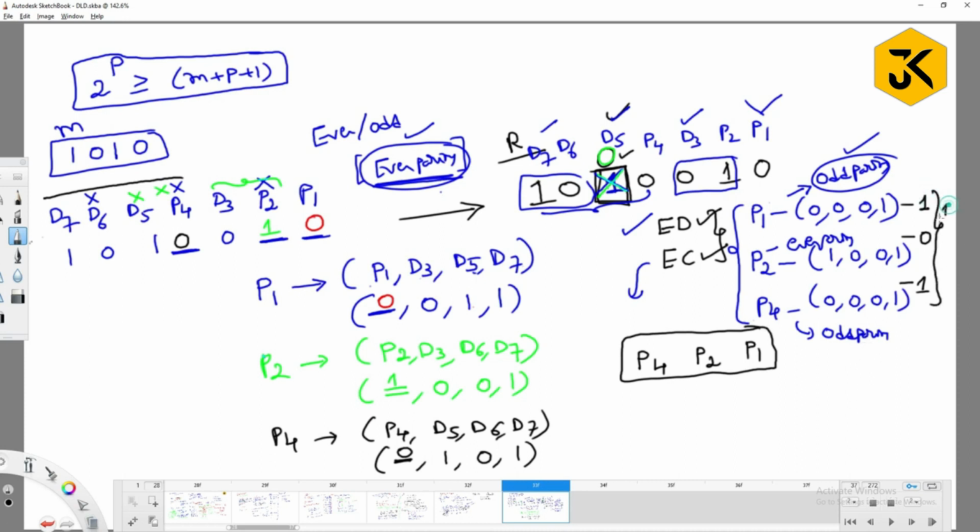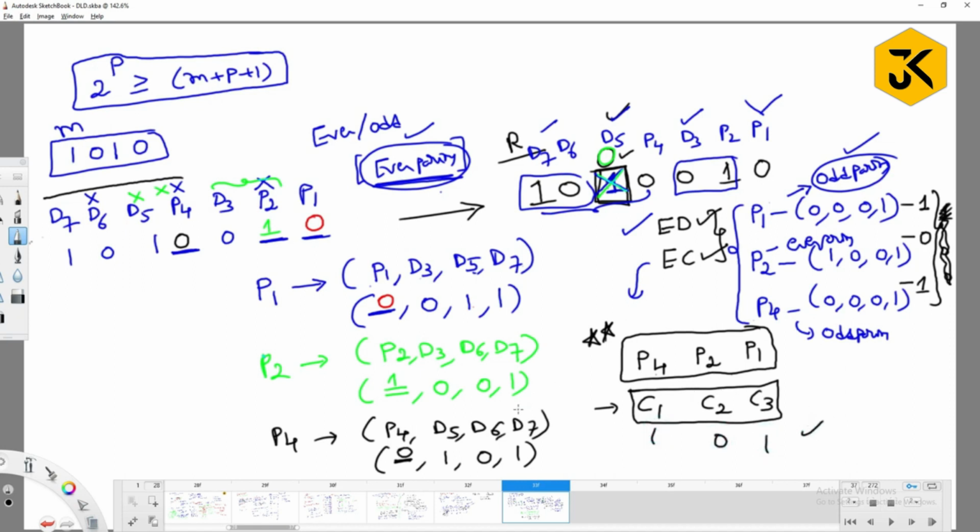Sometimes you may get 100, and then you have to question whether it is 100 or 001. So you have to arrange them in the form P4, P2, P1, which I will technically call C1, C2, C3. Then this is my data, so 1, 0, 1 is the location where I got the error.